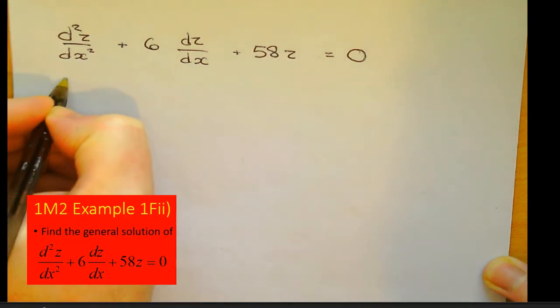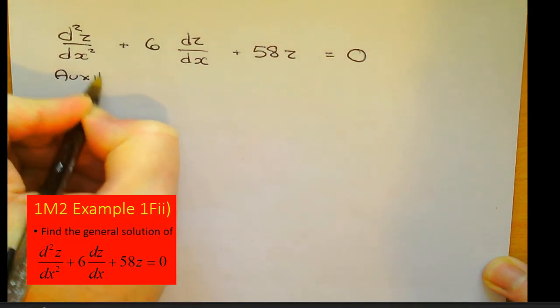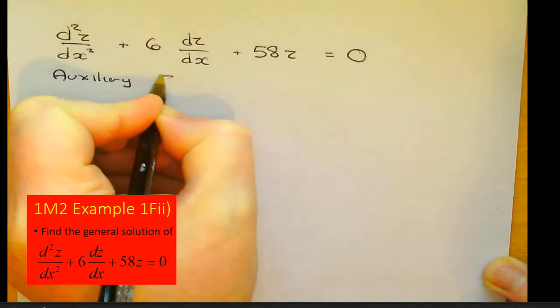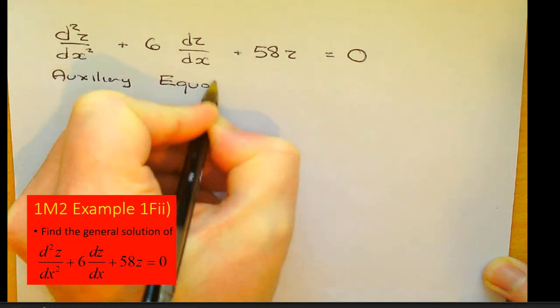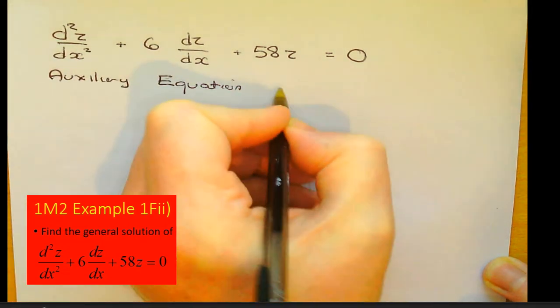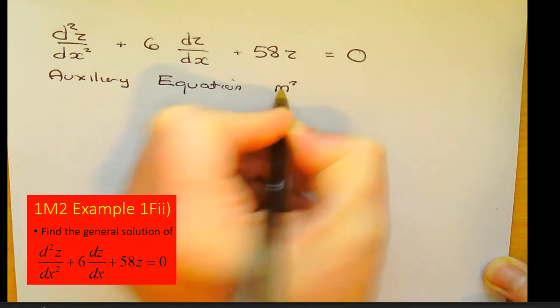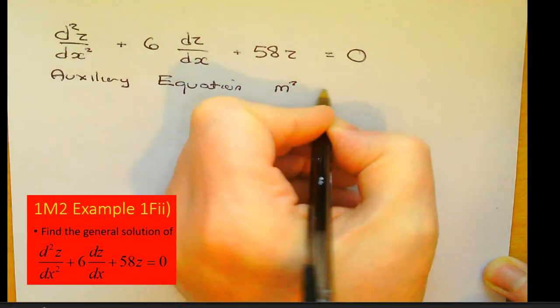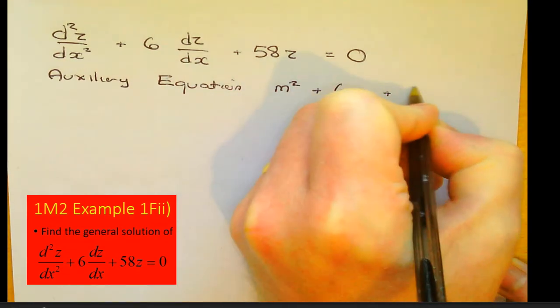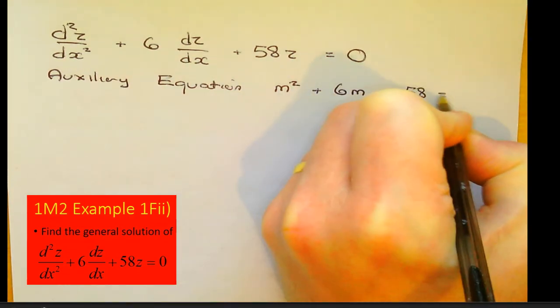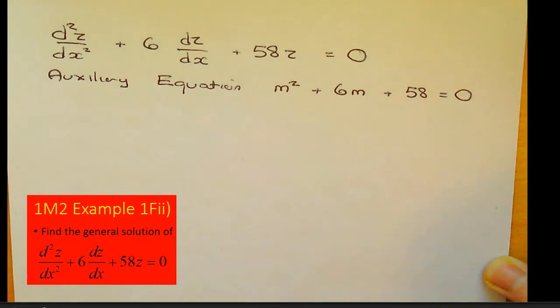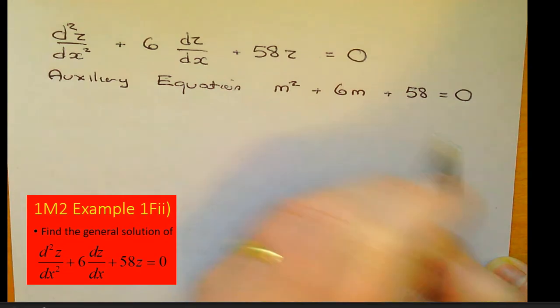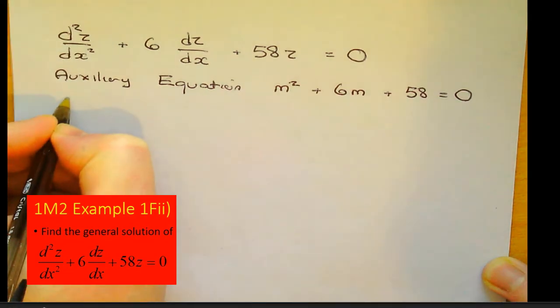Let's write down our auxiliary equation. We have 1m squared plus 6 times m plus 58 is equal to 0. Now we could use the quadratic formula, or we could complete the square.